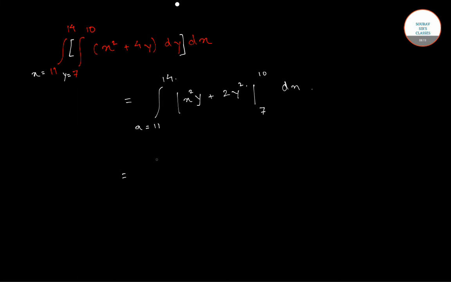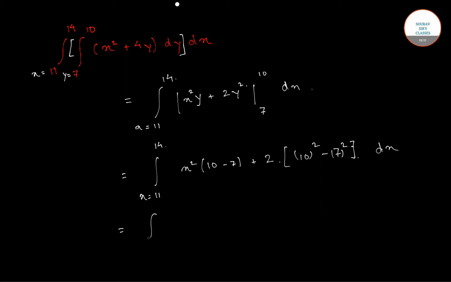Then this equals the integration with x from 11 to 14. Now putting in the values of y, we get x square into 10 minus 7, plus 2 into 10 square minus 7 square, dx.